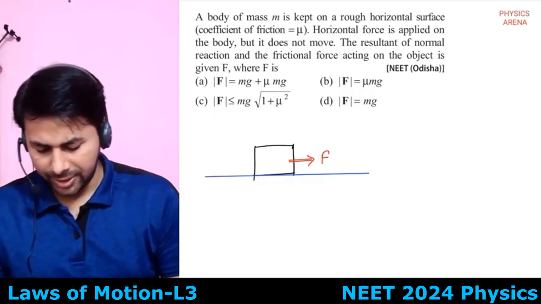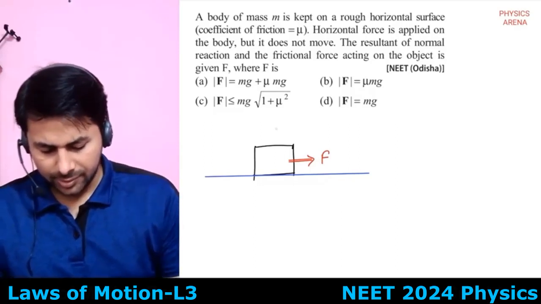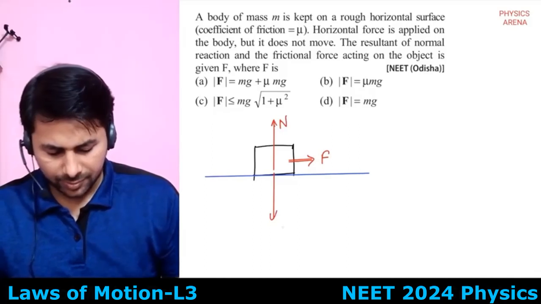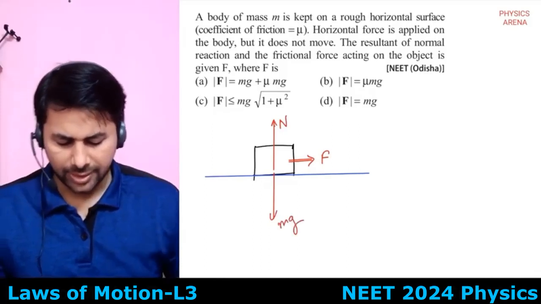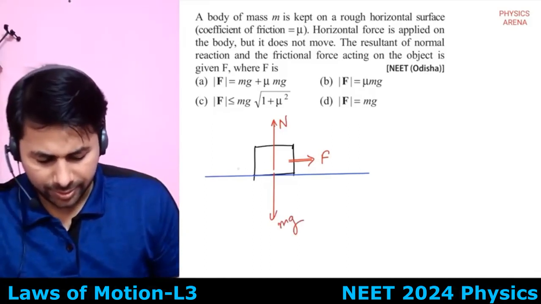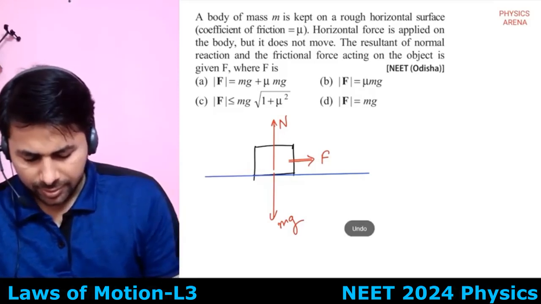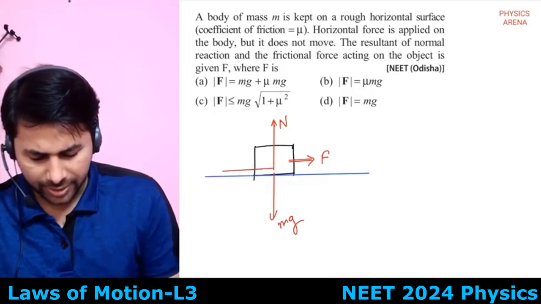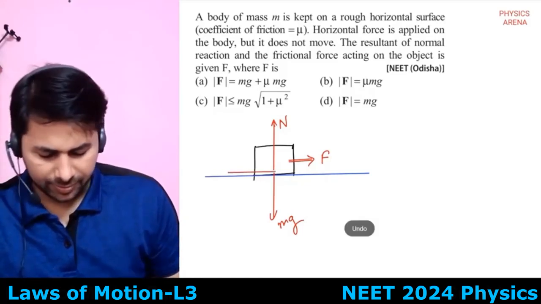There will be some normal reaction, N, which will be equal to mg, and there will be some frictional force. Frictional force will act along the two surfaces.